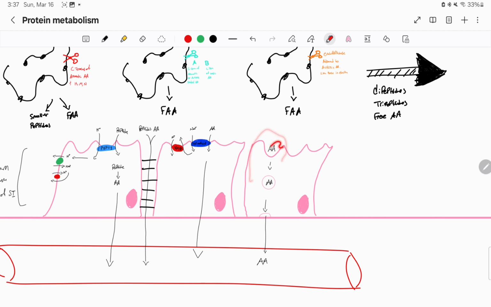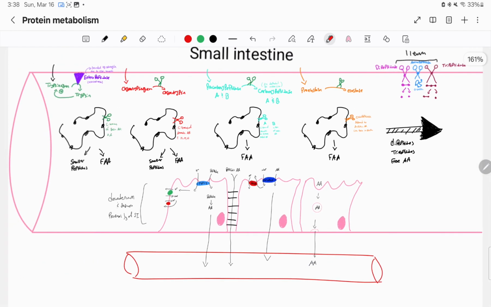They're basically taking in the amino acid by endocytosis, putting it in a vesicle, and then literally carrying it to the other side of this membrane, right? So this is the brush border membrane, this is the basolateral membrane. They'll take it in from the brush border membrane, and then they'll release it out of the basolateral membrane to the blood. Okay, and those are the major ways that amino acids and peptides are transported.